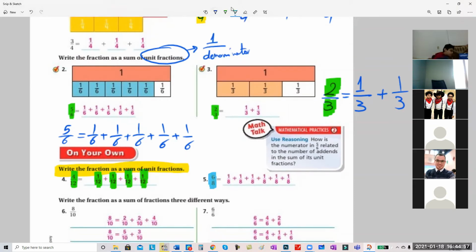What is the unit fraction we are going to use? Yes, 1 over 8. So we'll do 1 over 8 six times, because we have 6 here, so we're going to repeat it 6 times as you see here. Thank you so much, my dear.